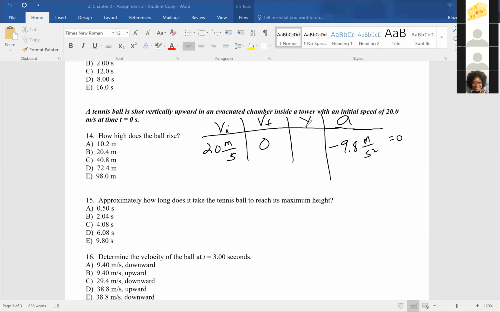That's my y. So again, we don't know how much time it took, but we do know that it goes to 0. So I have an equation that says v final squared is v initial squared plus 2ay.